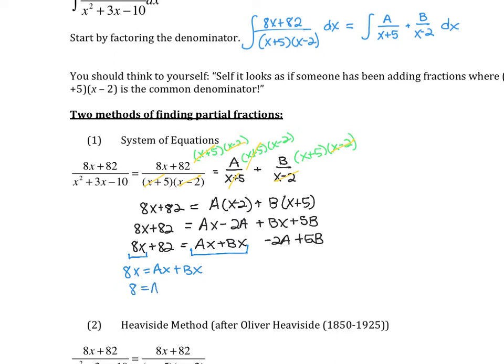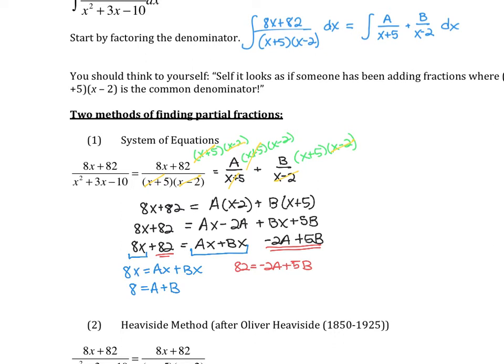So 8 needs to equal a plus b. Okay, there's one equation. Now, if you'll notice, 82 is in that mix, so it's going to have to equal negative 2a plus 5b. So 82 equals negative 2a plus 5b is the other equation.